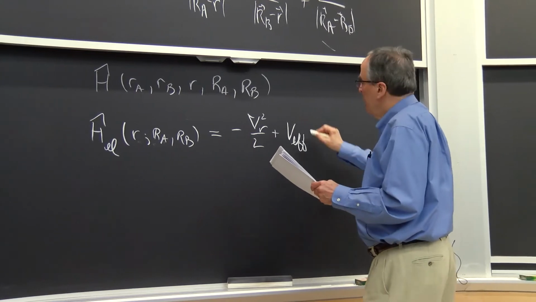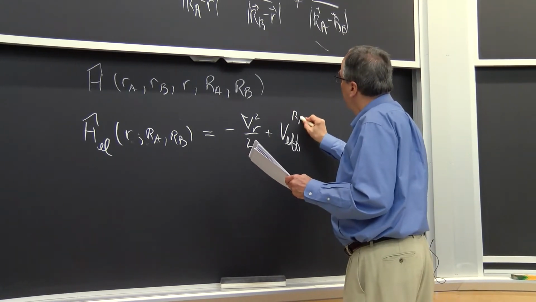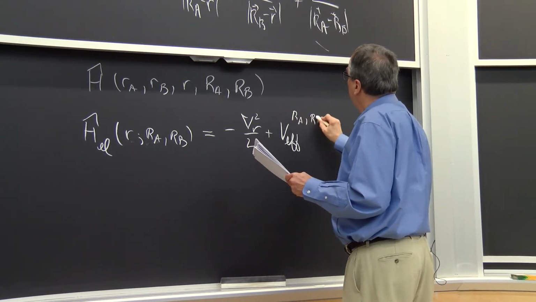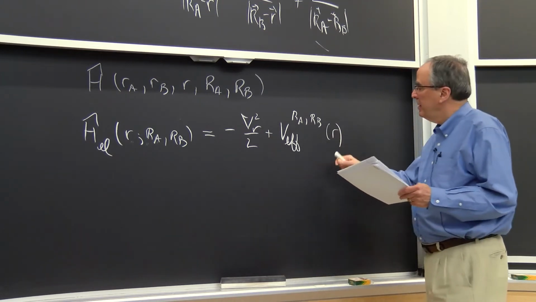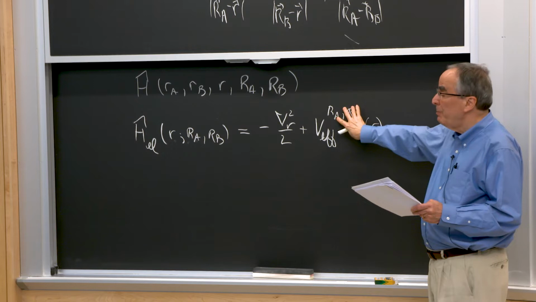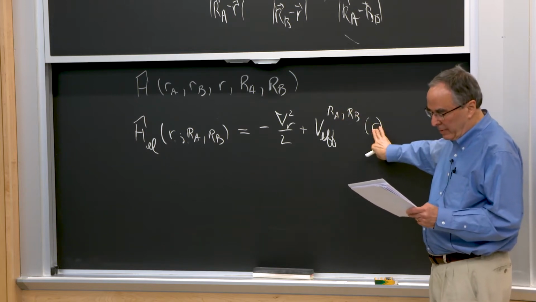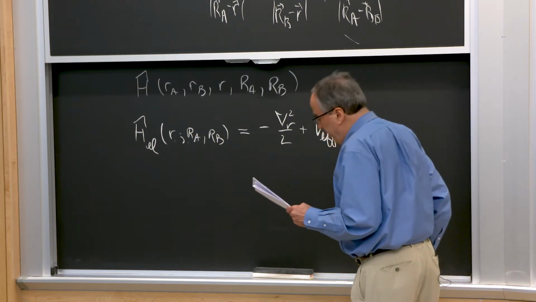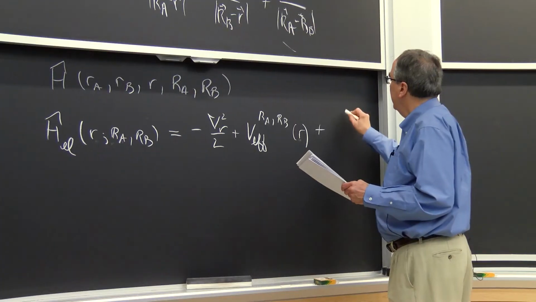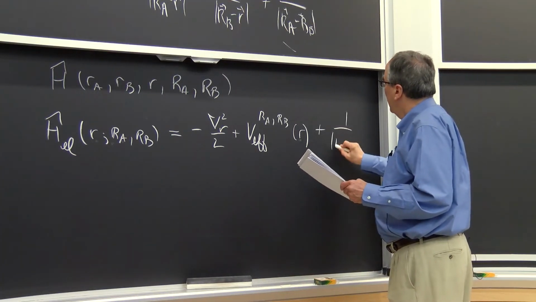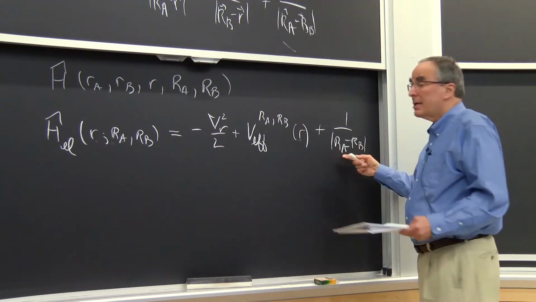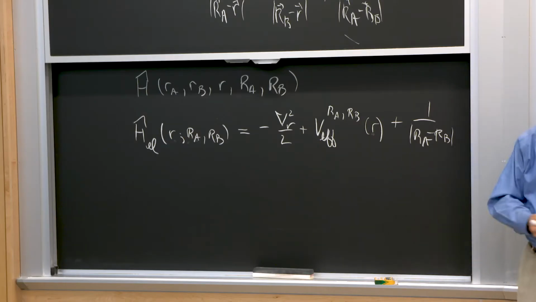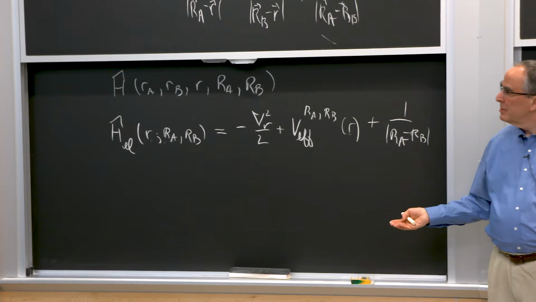And this would be a function of Ra and Rb, but because of our approximation, it's just a function of R. So these we pick, and this is the thing that we're worrying about. And then there's the 1 over Ra minus Rb, which is just a constant. This is the repulsion between two charged particles.